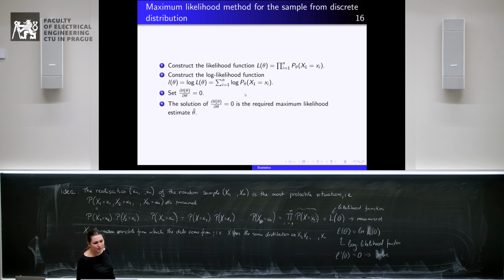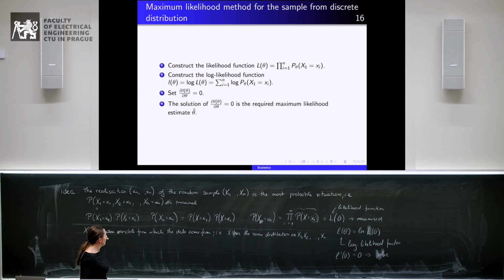As I said, here we calculate the partial derivative, especially in the case when we have more parameters, we can have more equations, and all these derivatives must be set equal to 0 in order to get the system of equations. But we will usually use it only for one parameter, so it is the classical derivative.